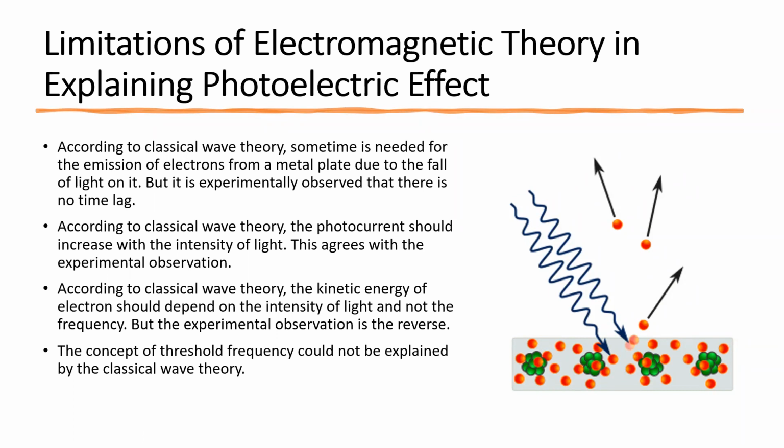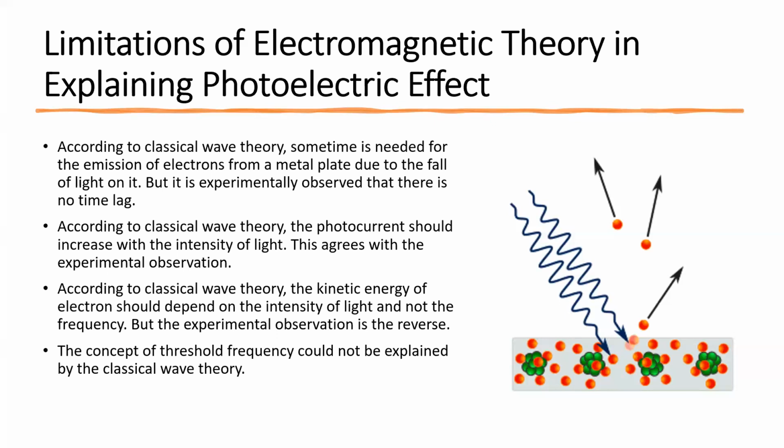You know that according to classical electromagnetic theory, light is a form of wave. So if a wave is incident on a metal surface, the energy is falling on it continuously. So it takes some time for the electron to absorb enough energy and get out of the metal surface.